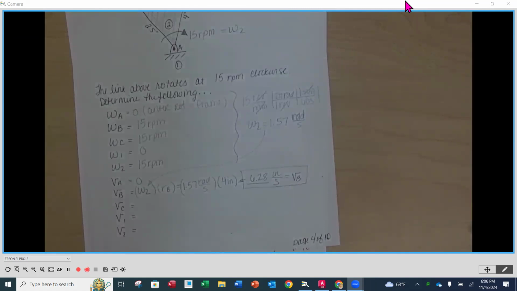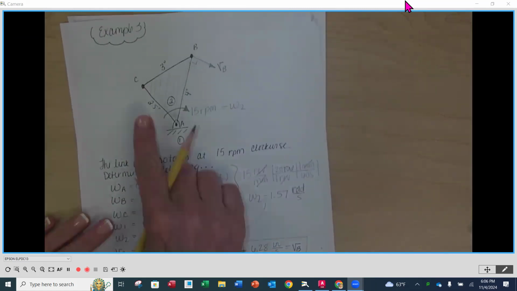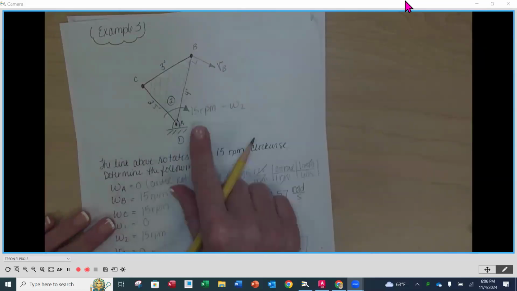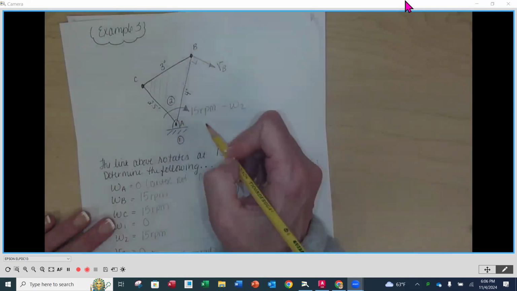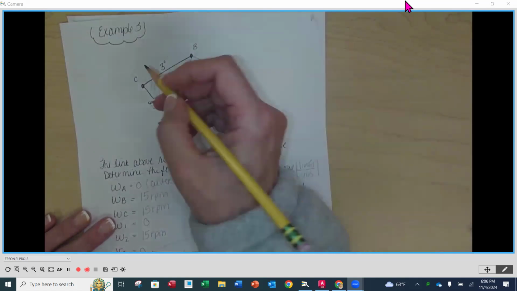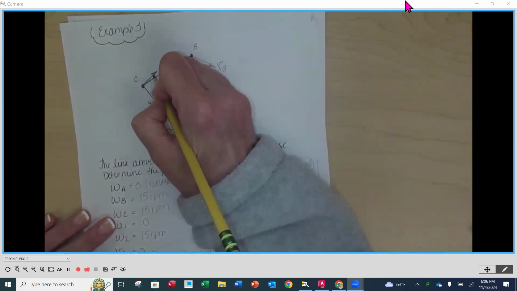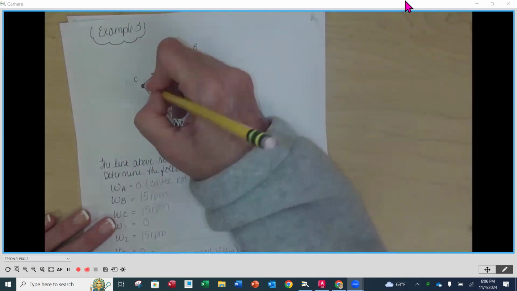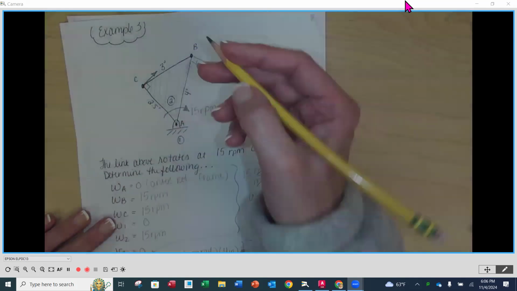Velocity at C is similar. If we look at C here, this is rotating on that same link. Now, its velocity will go in the direction of rotation. The rotation is going to be clockwise. So our velocity at C, I'm going to draw it so that it's 90 degrees back to its center of rotation, so 90 degrees to that radius of 2.5.